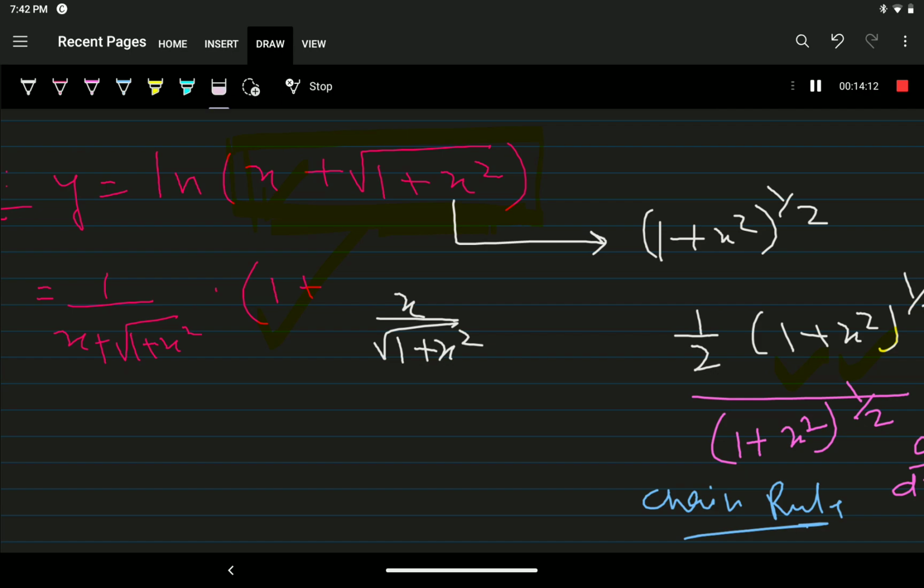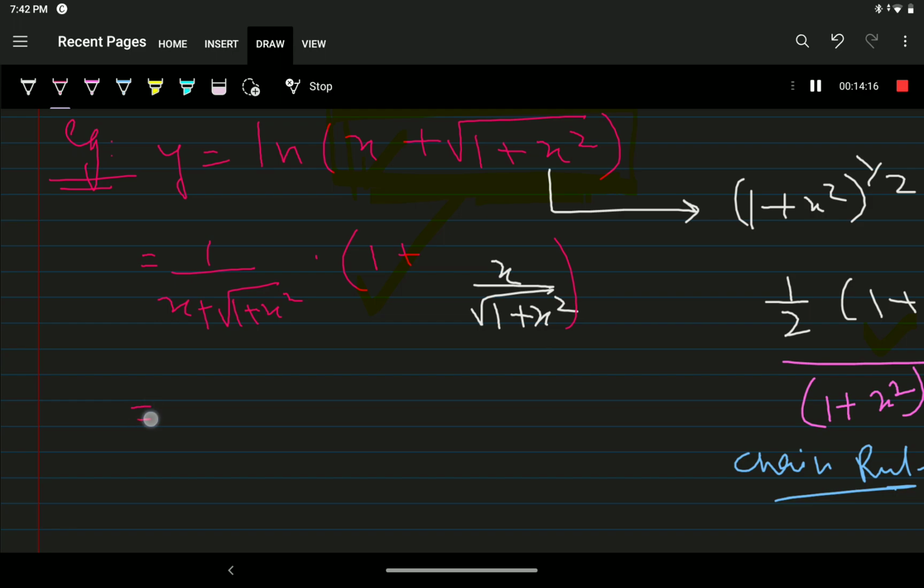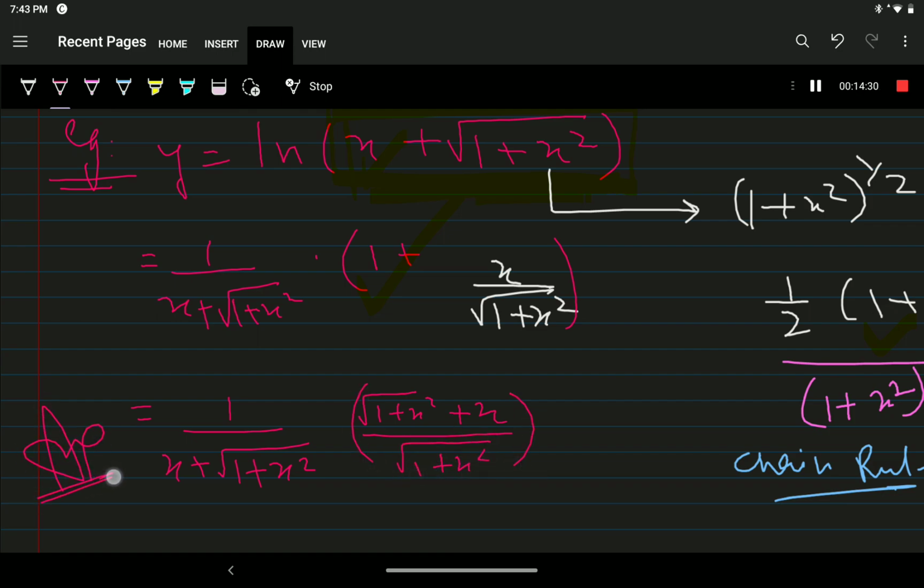So this is 1 by (x plus root over 1 plus x squared), times (1 plus x by root over 1 plus x squared). This is your answer.